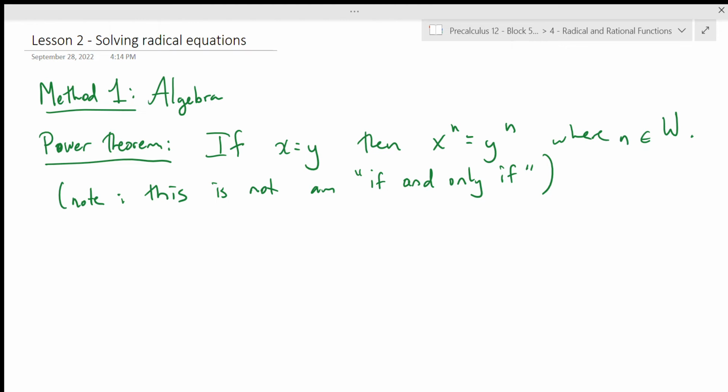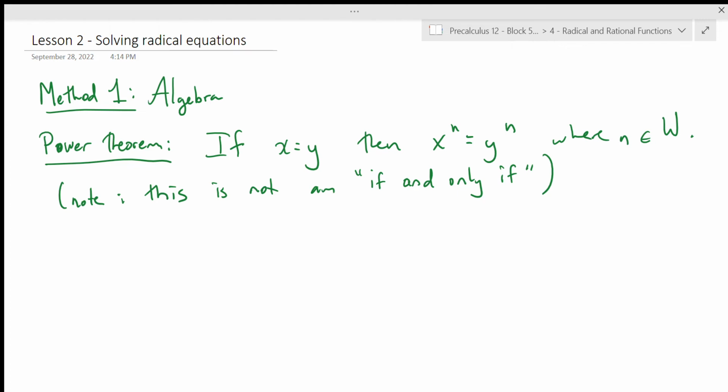And we know that's not true, because if a squared equals b squared, it doesn't necessarily mean a equals b. a could be negative b. 4 squared is the same as negative 4 squared, but 4 is not equal to negative 4. So it only works in one direction.